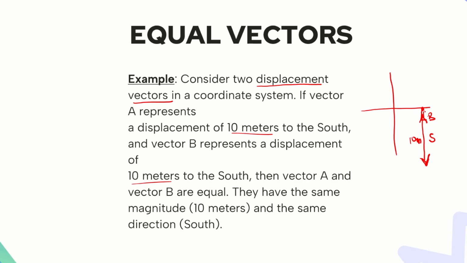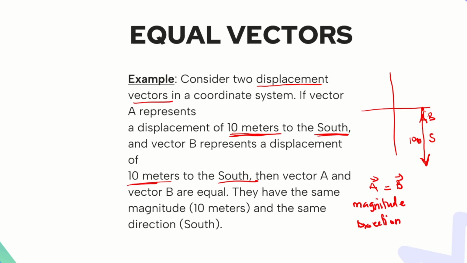So there's no difference between vector A, which has a magnitude of 10 meters and moves south, and vector B, which has a magnitude of 10 meters and moves south. So we can say that vector A is equal to vector B because they have the same magnitude and the same direction.